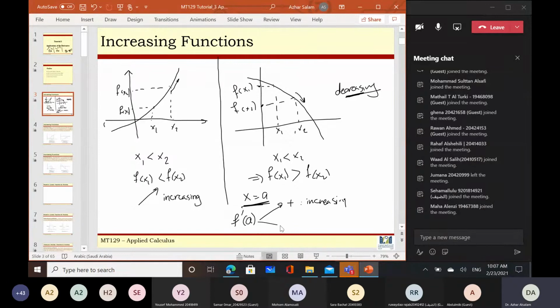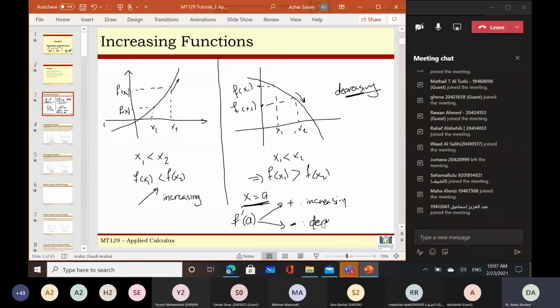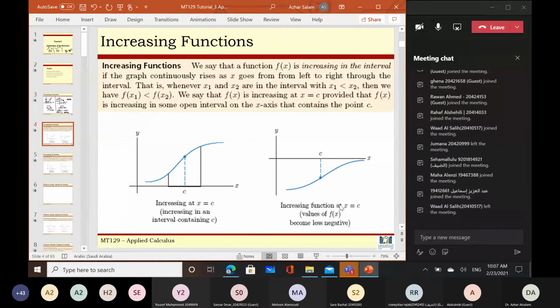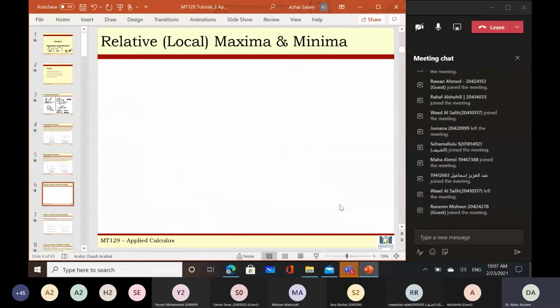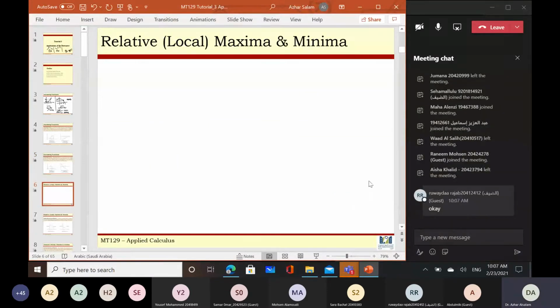Okay, but if it was negative, minus sign, it will be decreasing at this point. Decreasing.